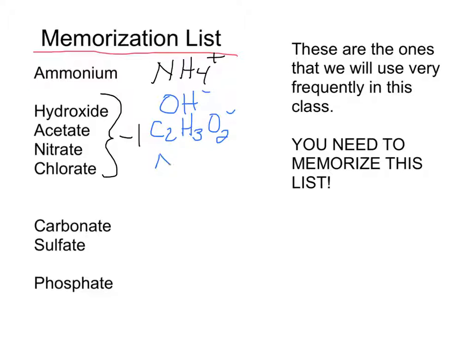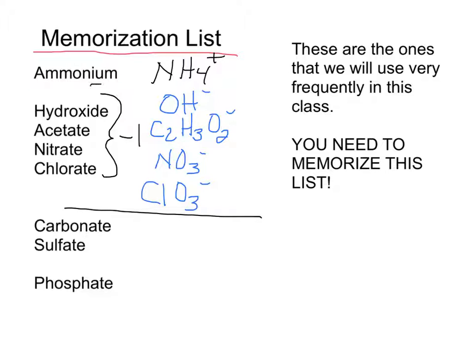Nitrate, NO3 with a -1 charge. And chlorate, it has a chlorine, and then it has 3 oxygens, and it also has a -1 charge. As you can see, the biggest thing a polyatomic ion has is oxygens. They all have oxygens in them, okay?